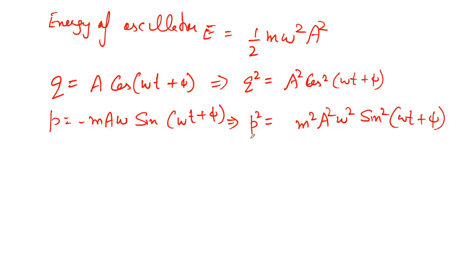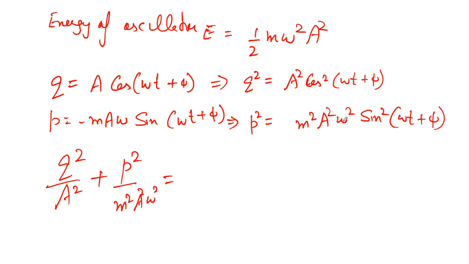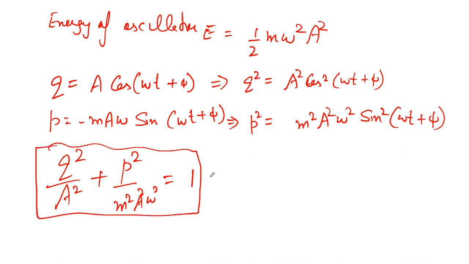Now if we add these two equations, that is q² over a² plus p² over m² a² ω², the right hand side comes out to be cos² plus sin² of the angle, which is equal to 1. So this equation which we derived from the harmonic oscillator problem is the equation of an ellipse.